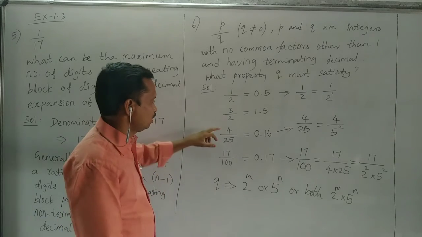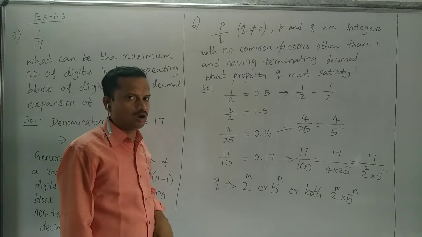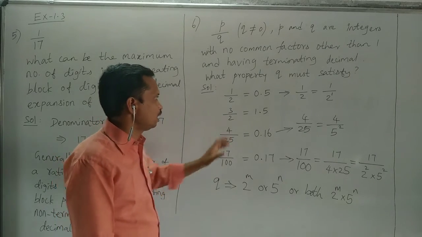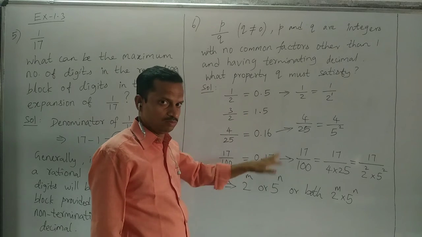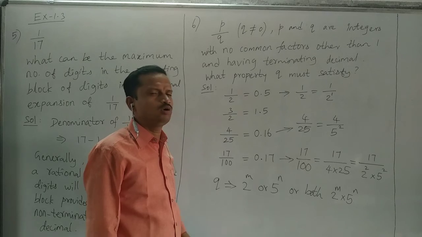For 4 and 25, the common factor is 1. 17 and 100, the common factor is 1. So for such rational numbers, if it is a terminating decimal, then what can you say about Q?